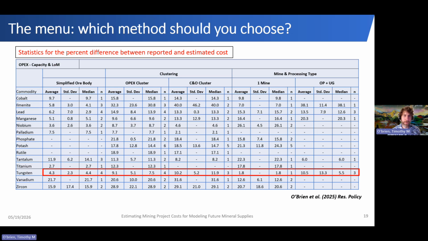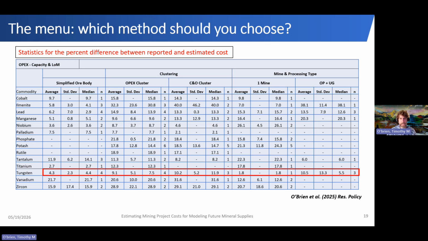The last part of that project is what I've referred to as the menu. For those non-processing, non-commodity regressions, you really don't know, just by filling it in, which type of method you should choose.